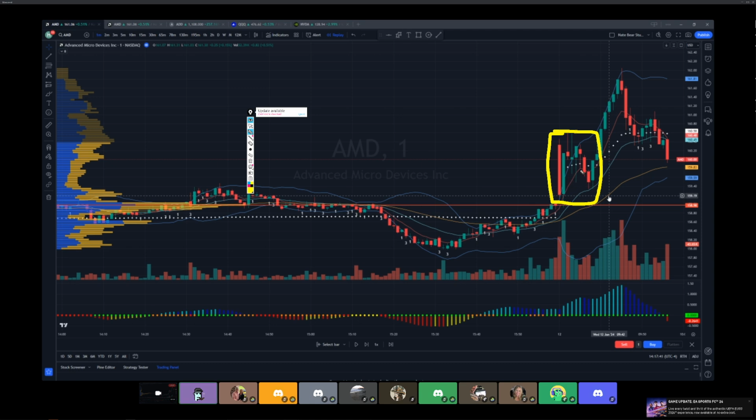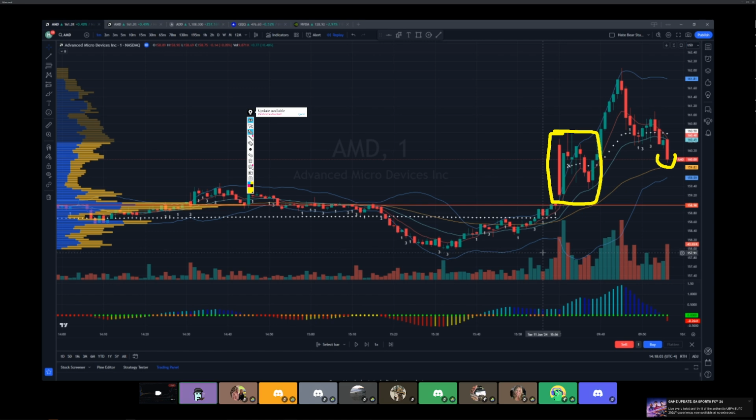Do you see all that consolidation area? From 9:30 to basically 9:40, you see that range that was created? So this area is what we're now climbing into.